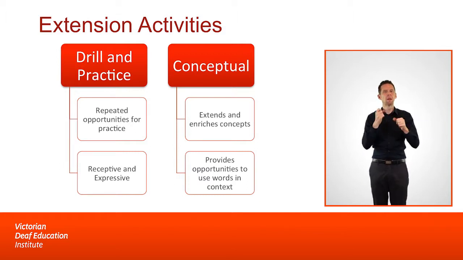So some examples of conceptual activities are, for example, for the ocean unit, we had experiments with salt water, what floats in salt water, how does salt water taste compared to fresh water.